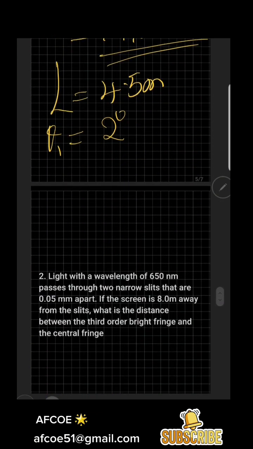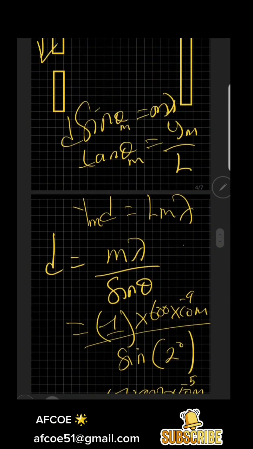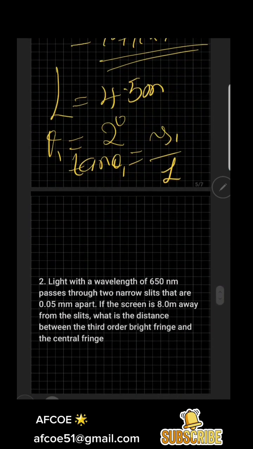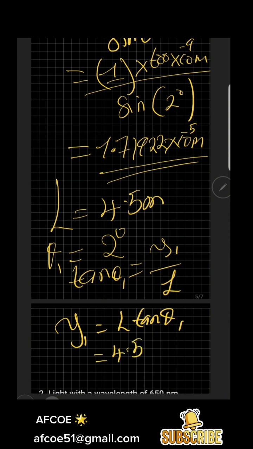From there we can use the second equation, that tan theta 1 will be y1 over L. We are looking for y1, the distance between the first bright fringe, where m equals 1, and the center at m equals 0. So y1 will be equal to L tan theta 1, which will be 4.5 meters times tan 2 degrees.